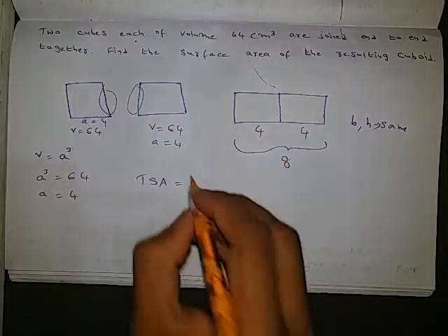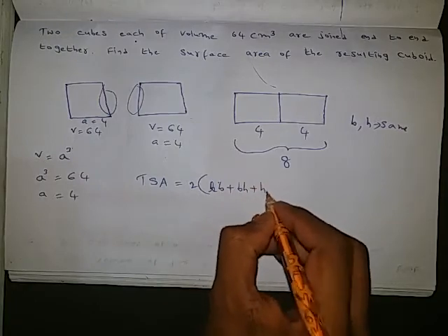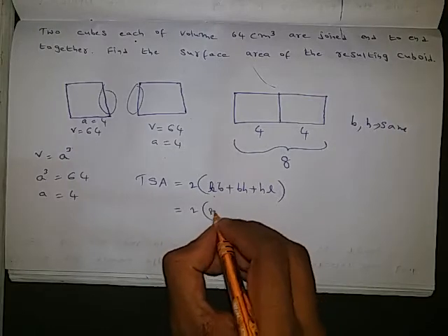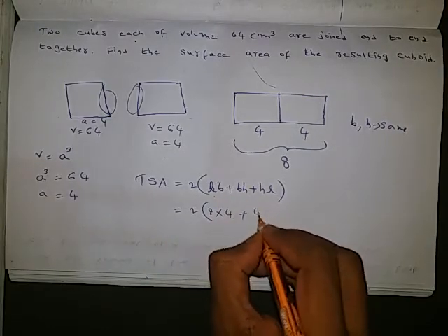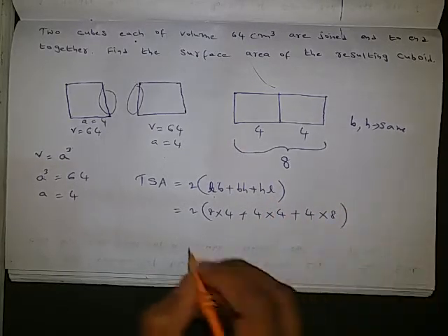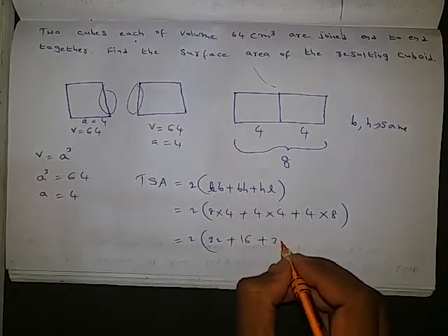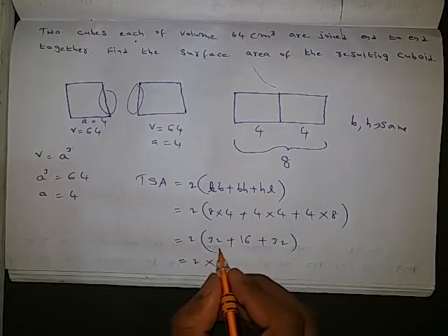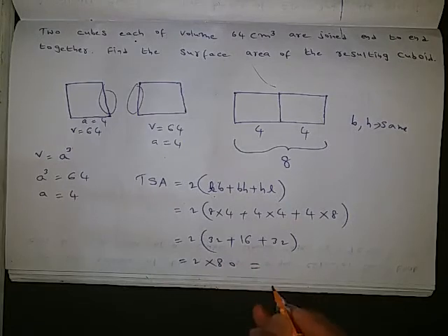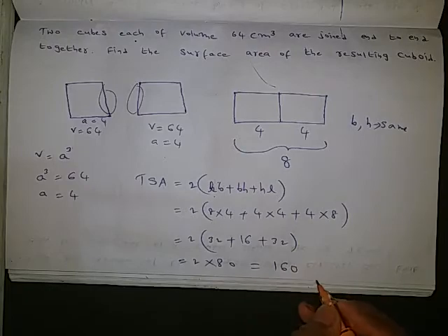Total surface area of a cuboid is 2 into (LB plus BH plus HL), which is equal to 2 into (length of the cuboid 8 into breadth 4, plus breadth 4 into height 4, plus height 4 into length 8), which is equal to 2 into (8 4s are 32, plus 4 4s are 16, plus 4 8s are 32). 2 into 80, 160.